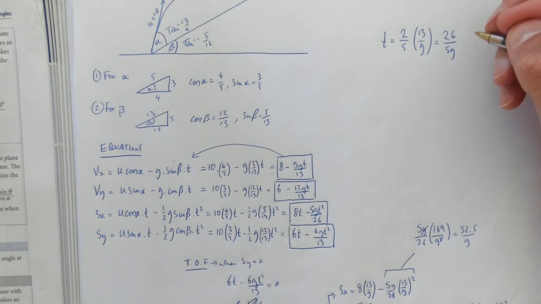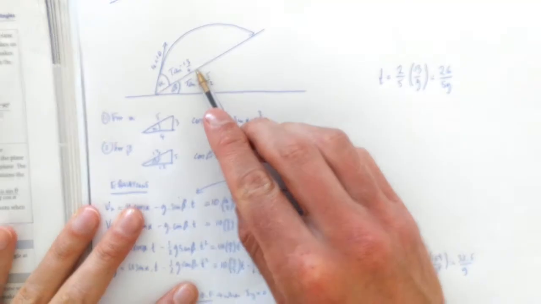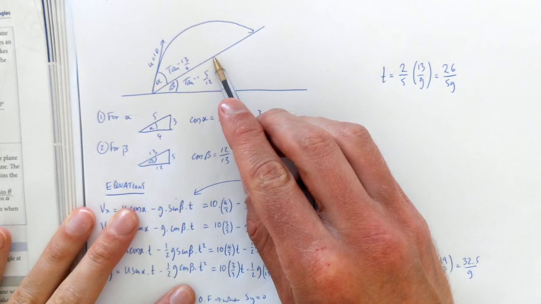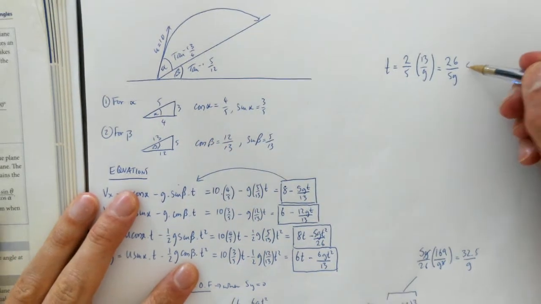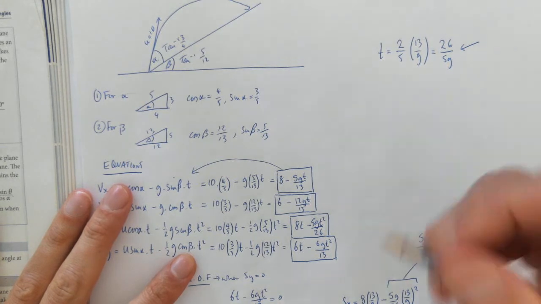The distance along the inclined plane, that's the s of x, right? So all we're going to do here is sub this into s of x again. It should give us what we're looking for, okay?